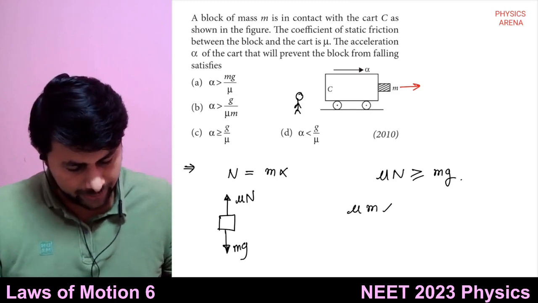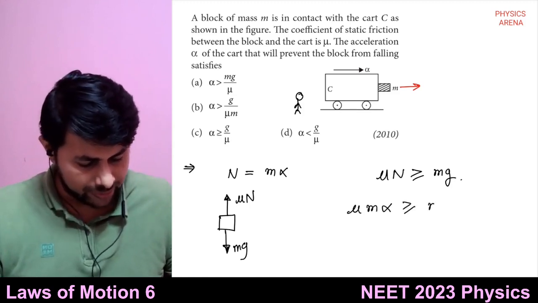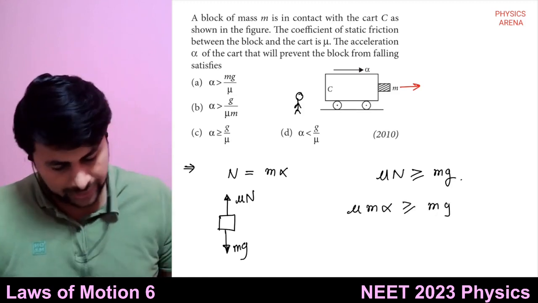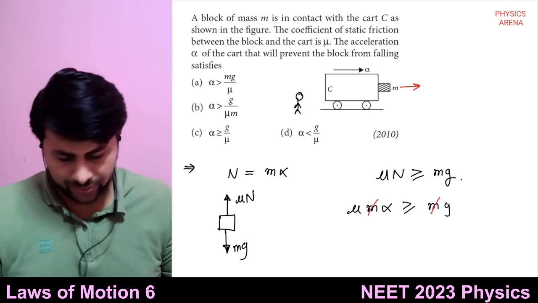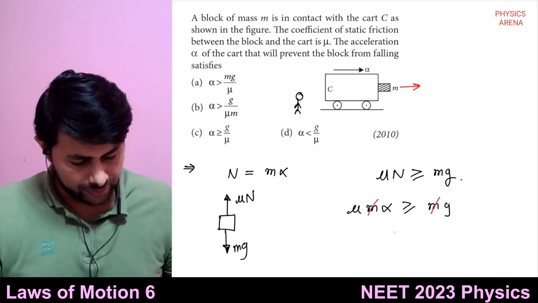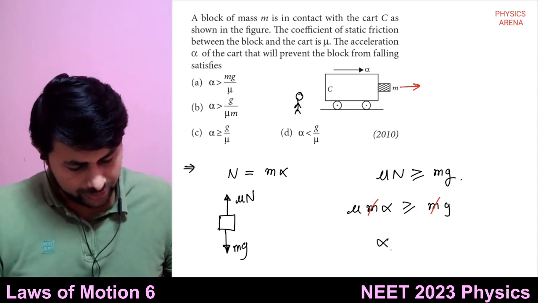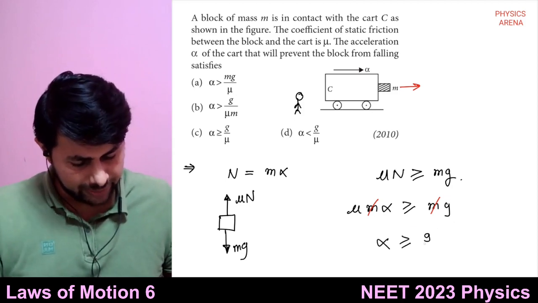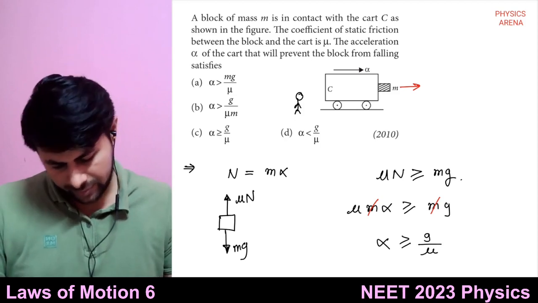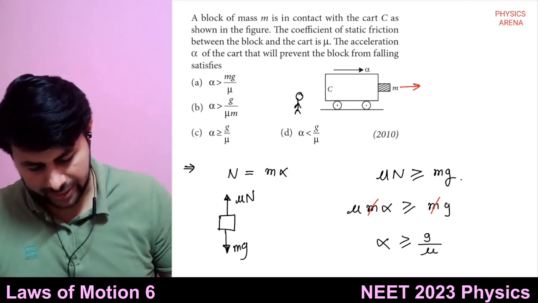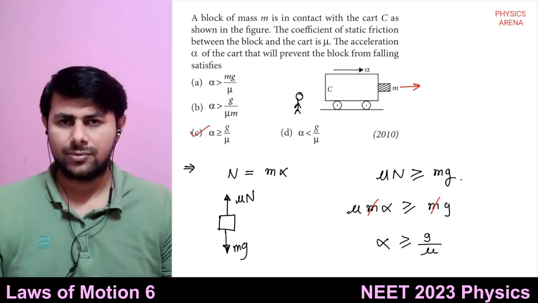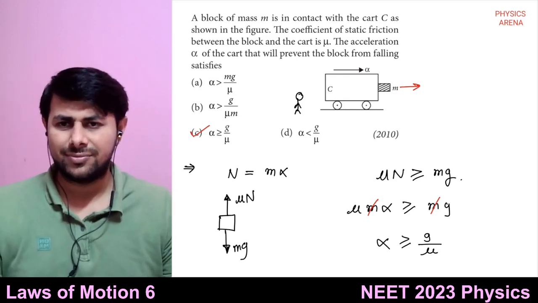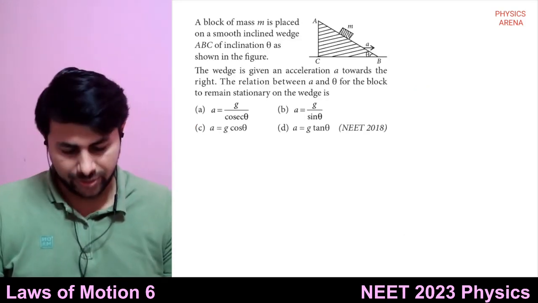So mu m alpha is greater than or equal to mg, and then this m gets cancelled out. You want alpha, so alpha is greater than or equal to g divided by mu. Option C is the answer. So is it clear? Let's see the next question.